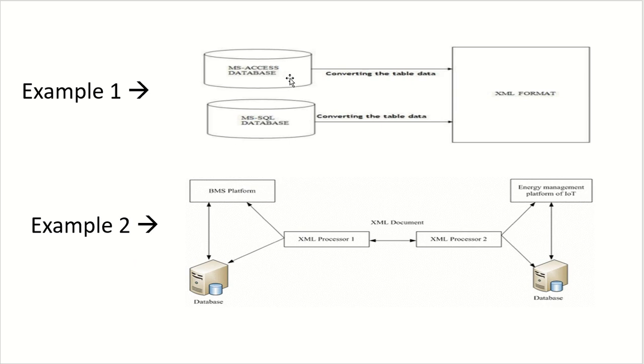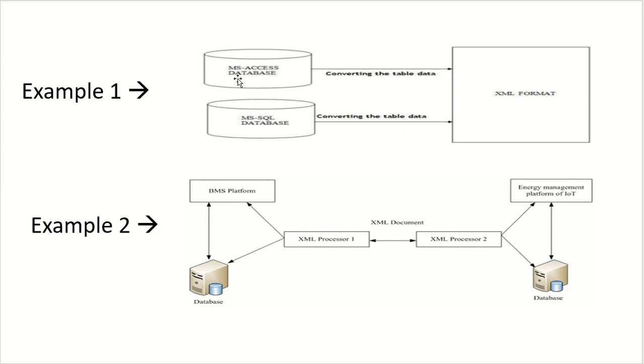Say one application is running with an MS Access database and another application is running with an MS SQL database. Both are databases but with different protocols. So both the databases cannot communicate directly. They need some common platform in which they can convert their data, and that common platform is XML format.